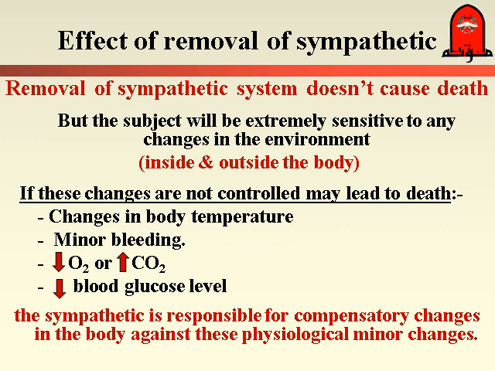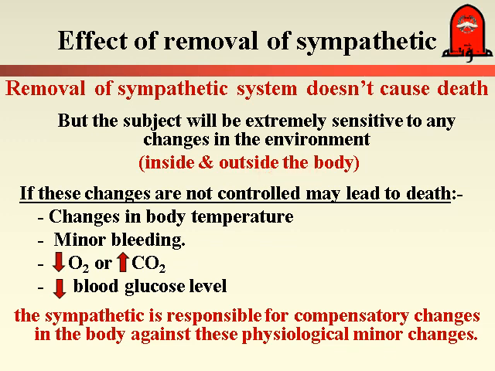So such a subject will not die, but instead he will be extremely vulnerable or sensitive to any changes in the environment, whether it is the internal environment or the external environment of the body.